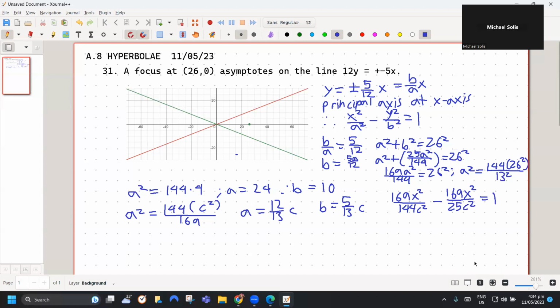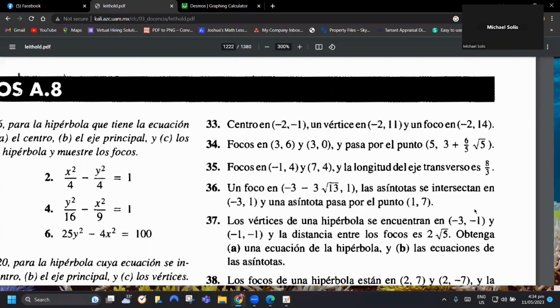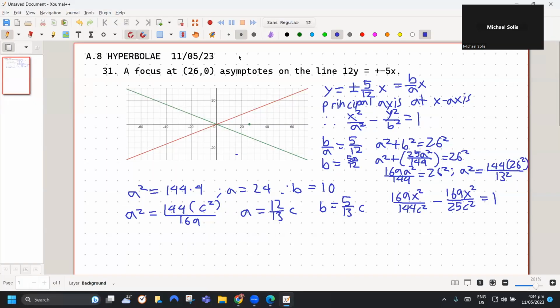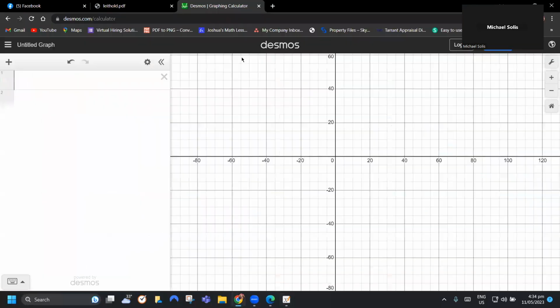Ngayon, i-graph mo yan with C na may slider tayo for C. So use Desmos. So, lagay mo, for example, C equals 1, yung first line. And then yung second line. So C equals 1.